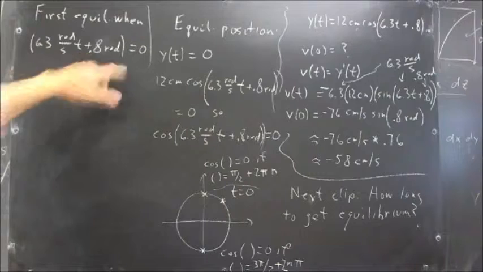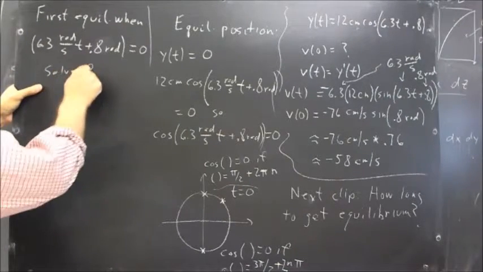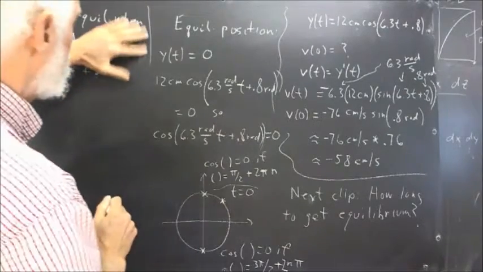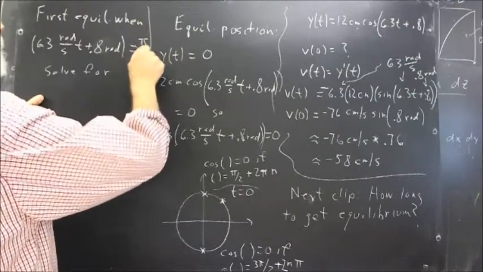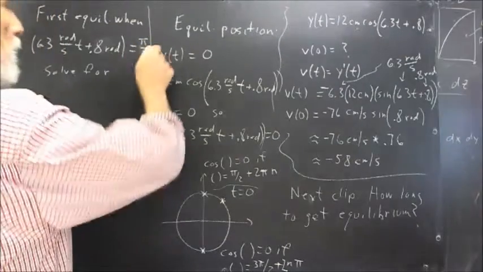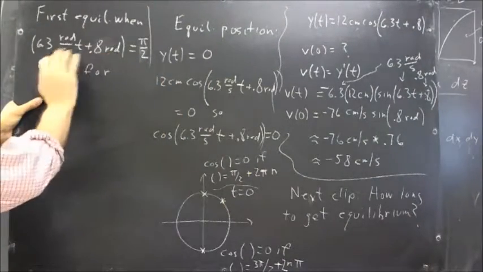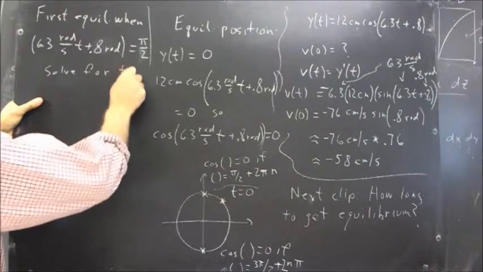Well, it's very easy to solve that for t. And I said equals 0. It's not equal to 0. It's equal now to pi over 2. And that's pi over 2 radians. I don't have room to write the radians. To be consistent with having written it over here, I should. But we solve this for t.